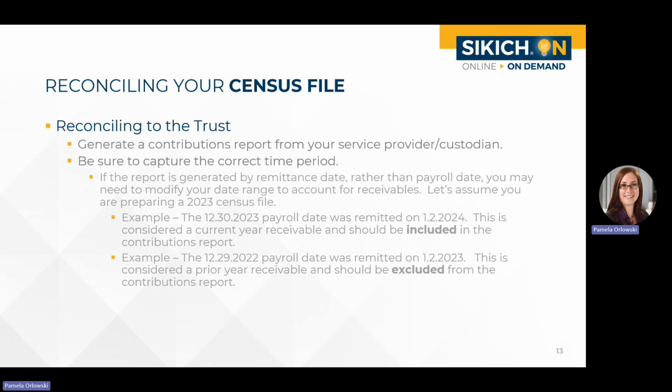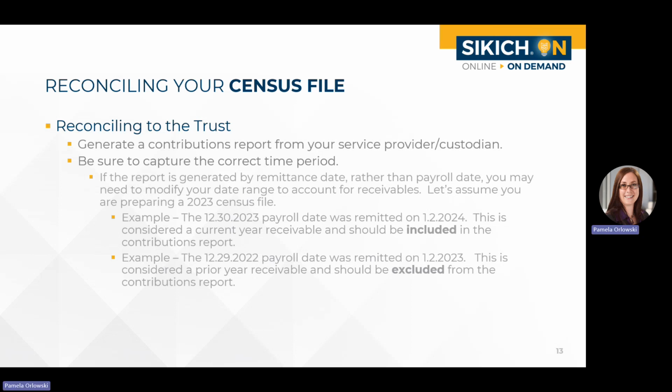into January 2024. So our example here is showing that 12/30/2023 payroll was actually remitted to the plan on January 2nd, 2024. So that's what's called your current year receivable for the 2023 plan year. And then we've also shown an example of what a prior year receivable could look like.